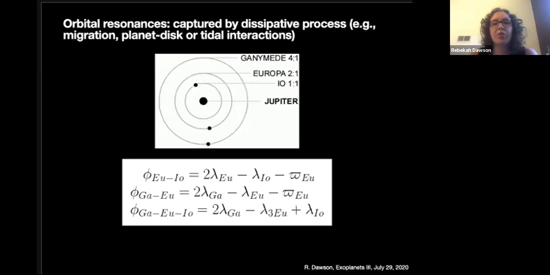So integer period ratios can make it possible to have an orbital resonance, but to technically have an orbital resonance, you need to look at a special angle called the resonant angle that involves the positions of the planets and/or the periapses, like where they have their closest approach to the star.